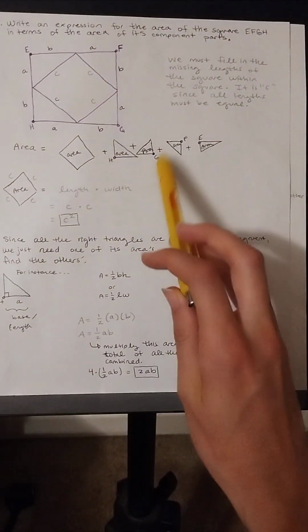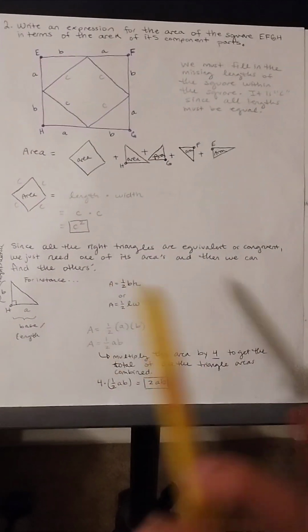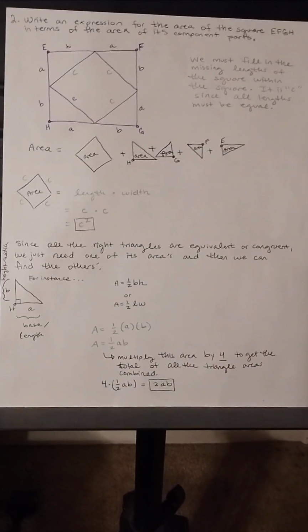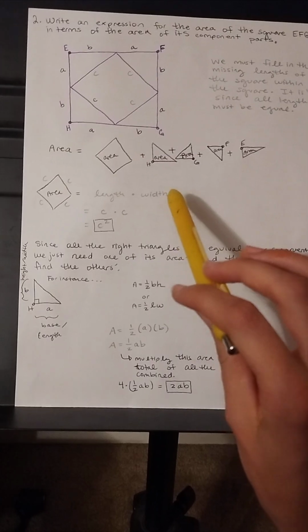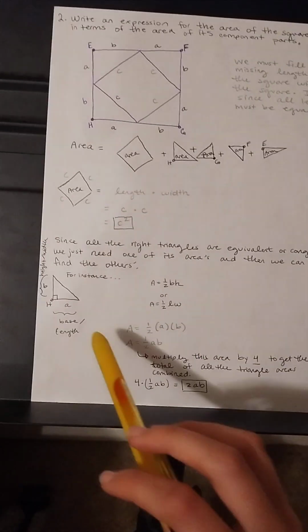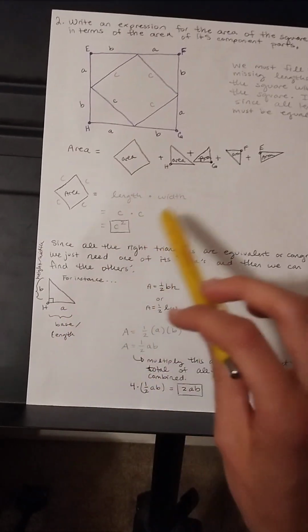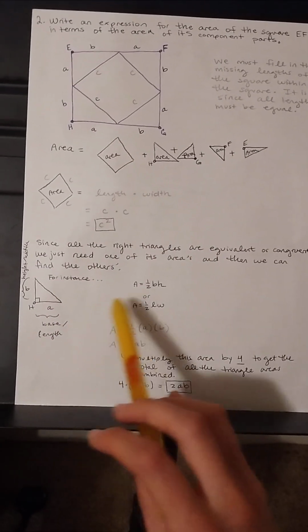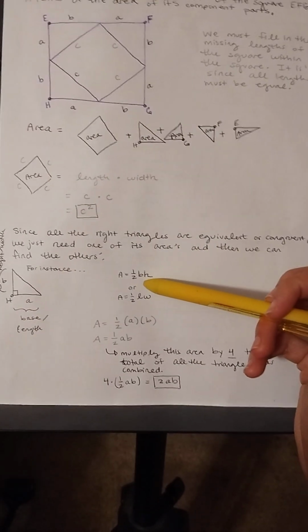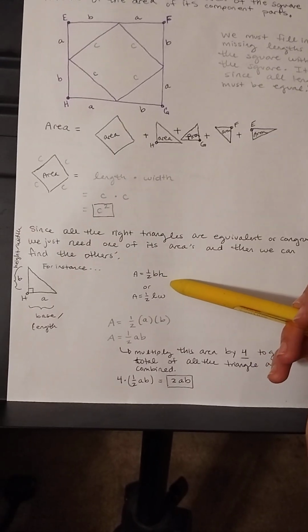And then moving on to our triangles, we know that all these different triangles are congruent, which means they have the same base and height, or length times width, and if you want to name it that, base times height. And so for a triangle area, you have to know that area equals a half times base times height.